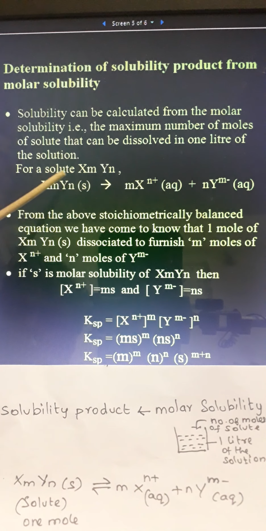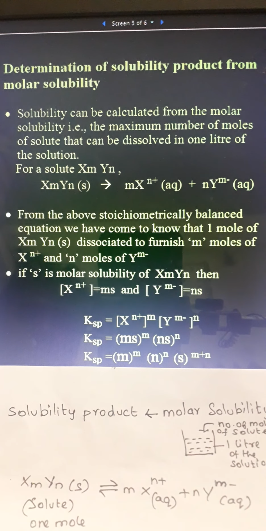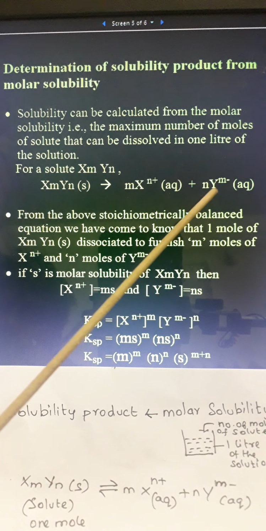XmYn, the solute, is in the solid phase and forms constituent ions. From the stoichiometrically balanced equation, 1 mole of XmYn solute dissociates to furnish m moles of X^n+ and n moles of Y^m-.